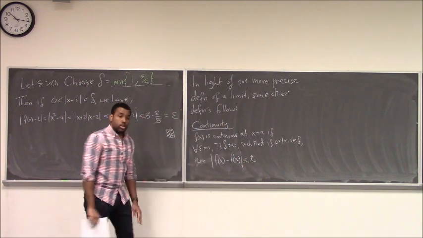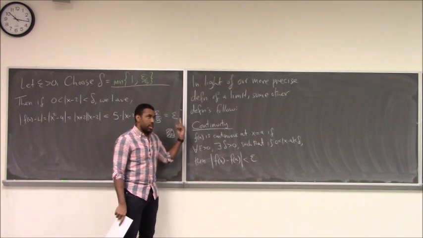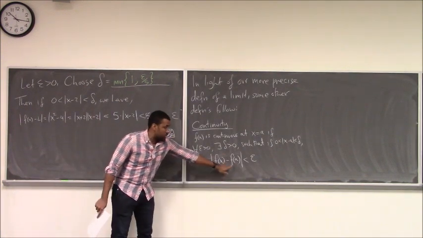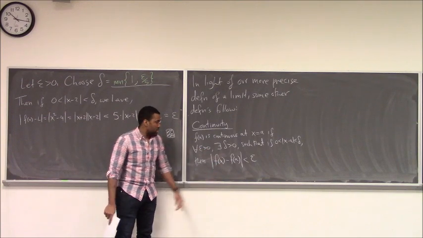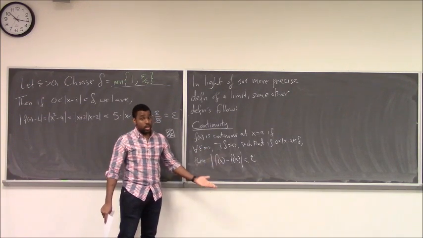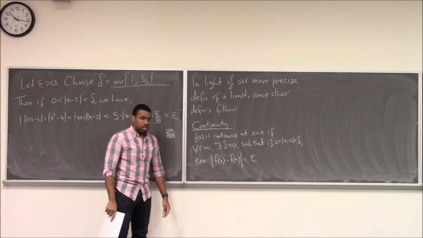Because remember what continuity requires is that the limit as x approaches a of the function is specifically f of a. So simply replace the L in the limit definition with f of a, and now you have the continuity definition in the same way.